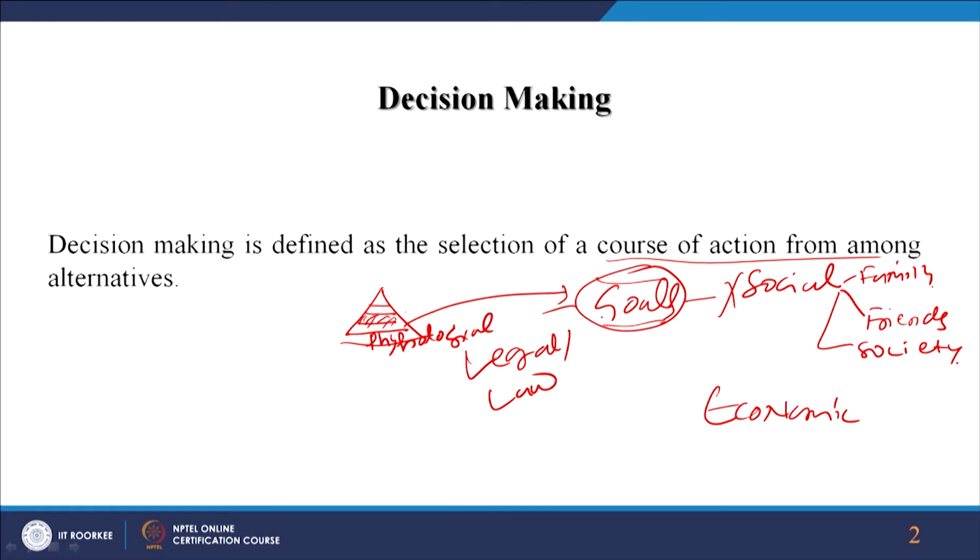So, these are the choices. There can be some others also; sometimes it is political, or sometimes it is his technological needs.